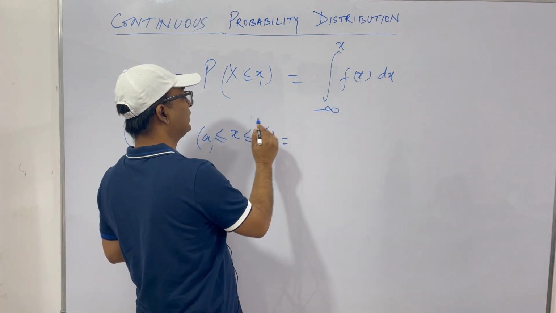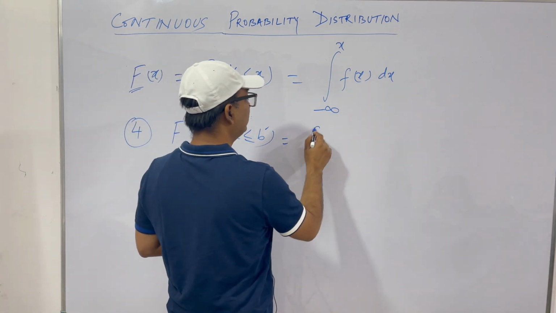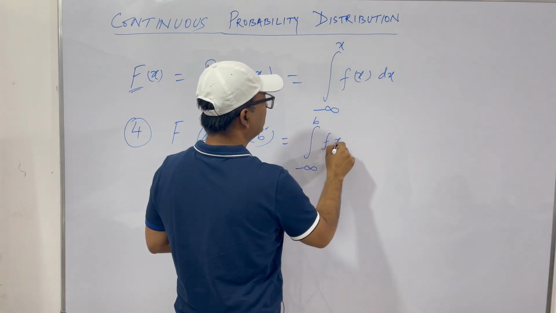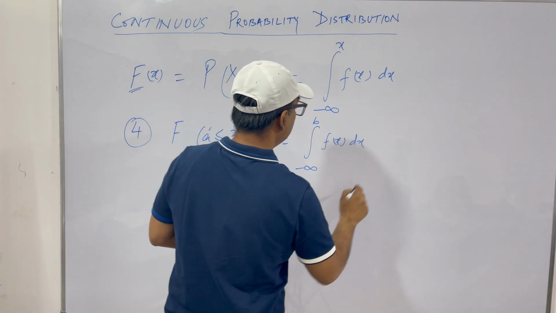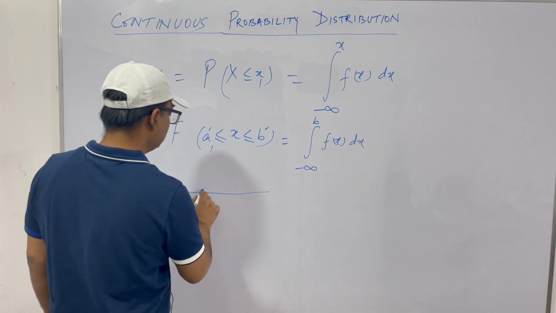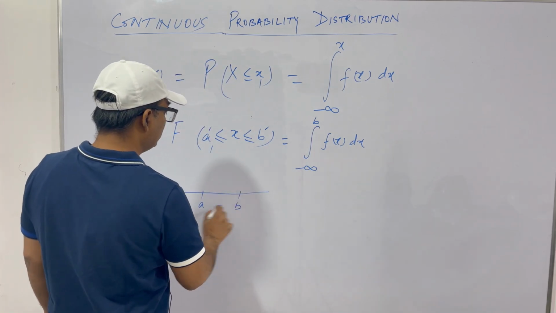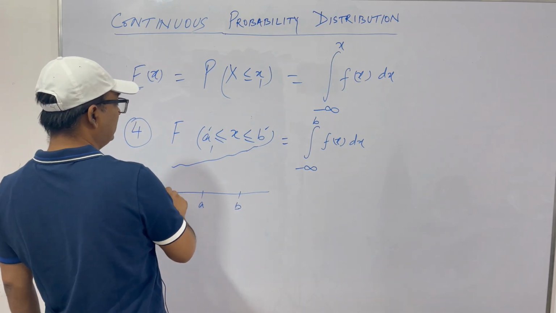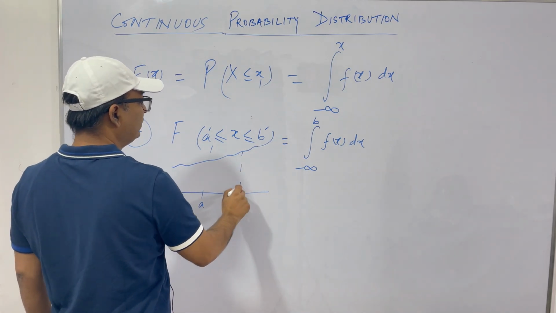We go from minus infinity to b, and let's say this is a and this is b. When we take the integration from minus infinity to b, we get this value.